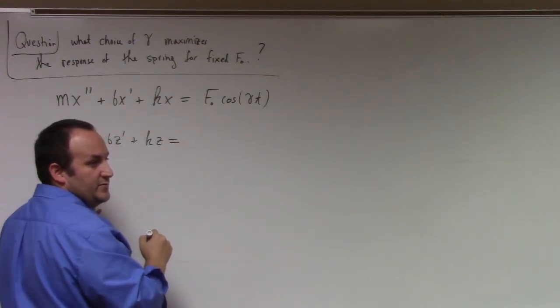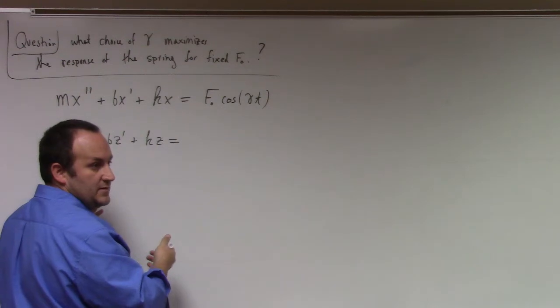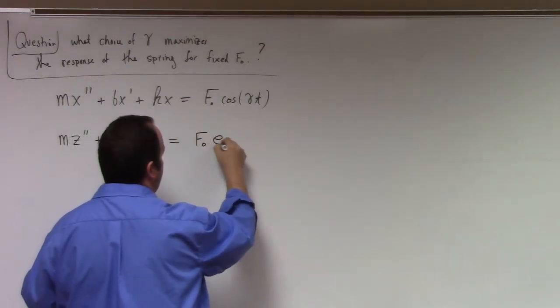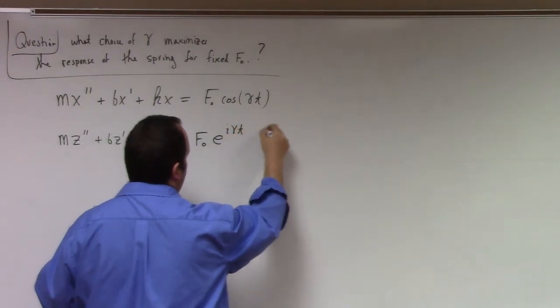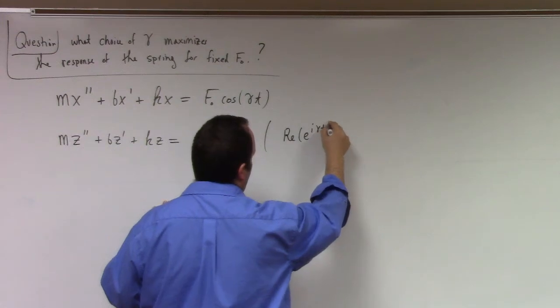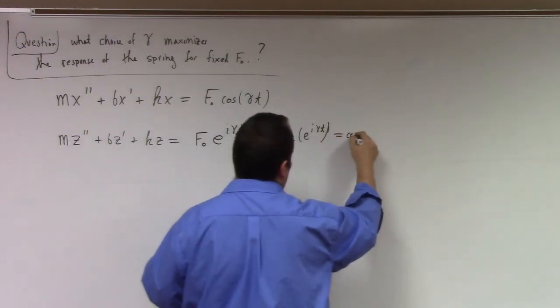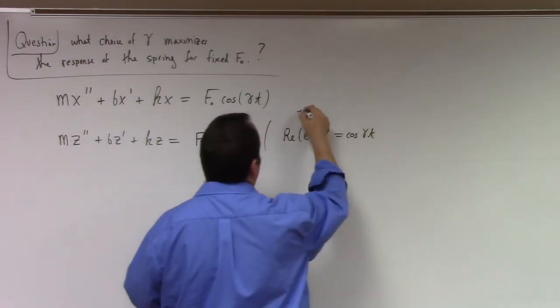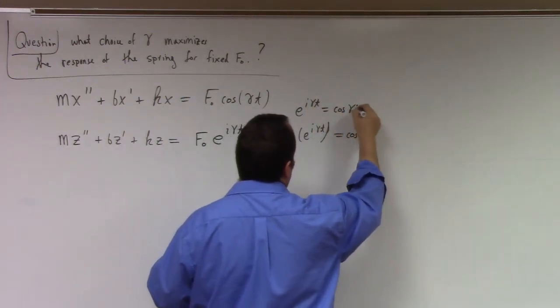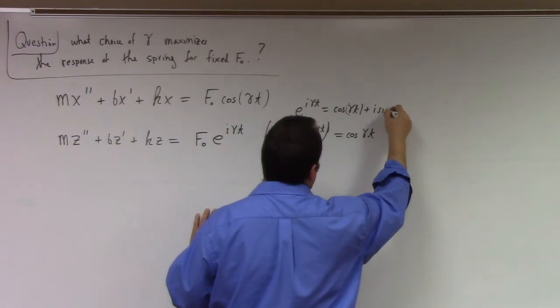F₀ here is assumed to be a real positive constant. So I think the natural choice is F₀ e^(iγt), because the real part of e^(iγt) is cos(γt), since e^(iγt), remember, is cos(γt) + i sin(γt).